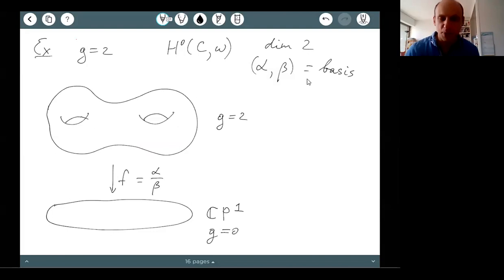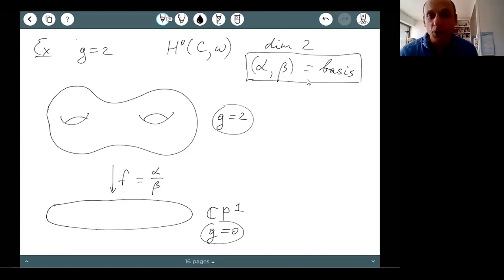There is no map of degree 1 between a genus 2 surface and a sphere. f cannot be of degree 0 because if f was of degree 0, that would mean that alpha and beta have the same zeros, so they're proportional to each other. And this contradicts my assumption that I chose a basis.